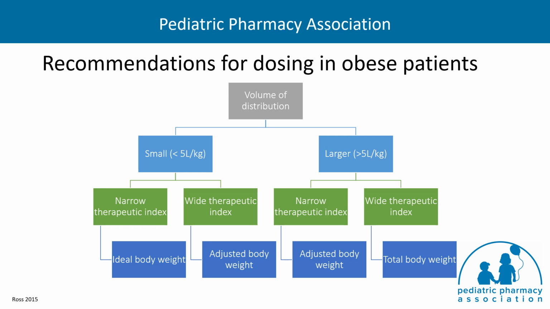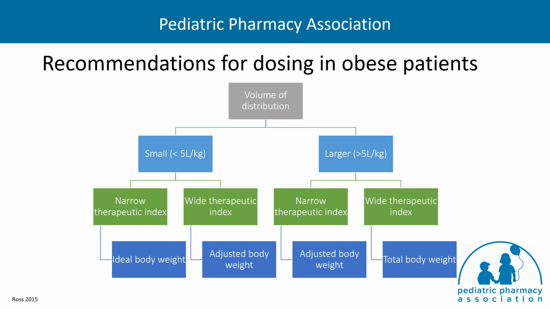Now, adjusted body weight is 25% of the difference between the actual body weight and the ideal body weight. The 25% is the increase in the lean body weight of an obese patient compared to their non-obese patients in the same cohort.